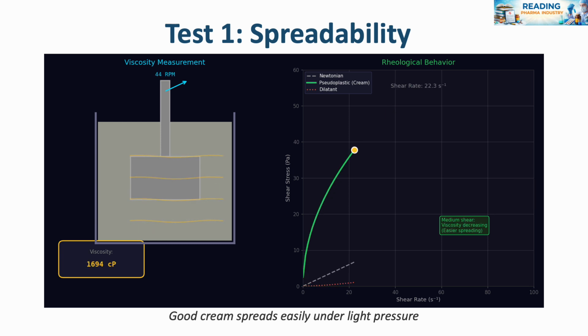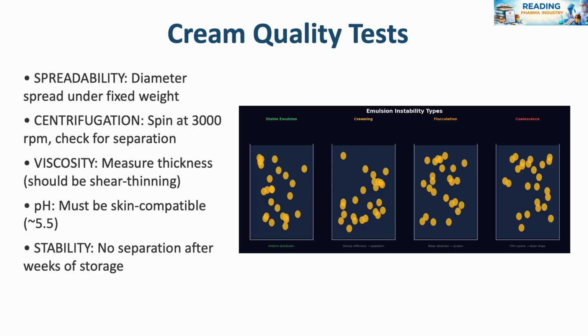Because when you apply shear or stress on the material, it will affect the viscosity, and that will reduce the viscosity by a certain amount depending on the cream that you have prepared. So this is the spreadability test, and this is directly related to the viscosity of the cream.